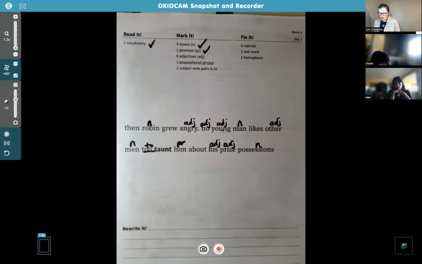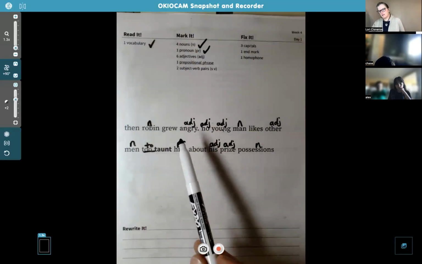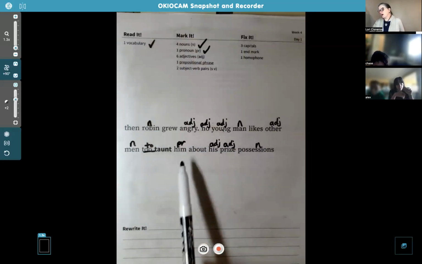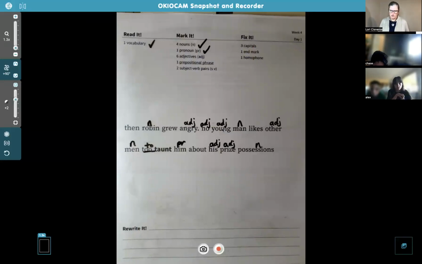They were sitting beneath a huge oak and were feasting sociably. A man who had a scar on his face confronted Robin. He called Robin's bows and arrows cheap and shoddy. So there's the insult, right? That's the taunt. And that leads up to this sentence. Then Robin grew angry. No young man likes other men to taunt him about his prized possessions.